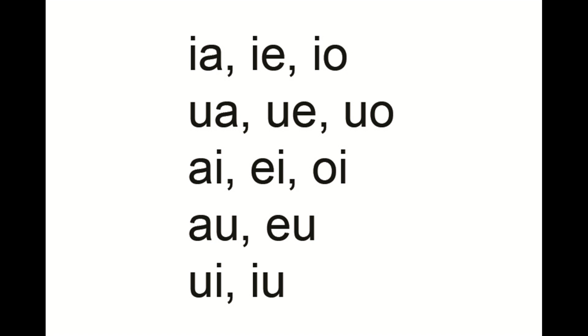Okay, so how are they pronounced? As I mentioned before, the stress or accent always falls on the strong vowel, and in the combinations of I and U, the stress always falls on the second vowel.